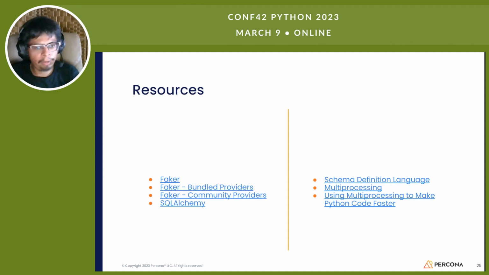You can check the SQLAlchemy website, as well as the schema definition language to know how you can define the schema of your database by using SQLAlchemy. We didn't do that because we are using the built-in method provided by Pandas for inserting data into the database.